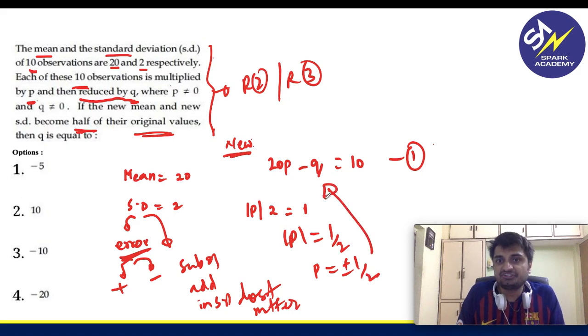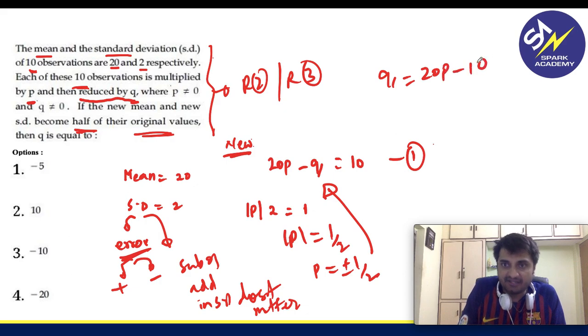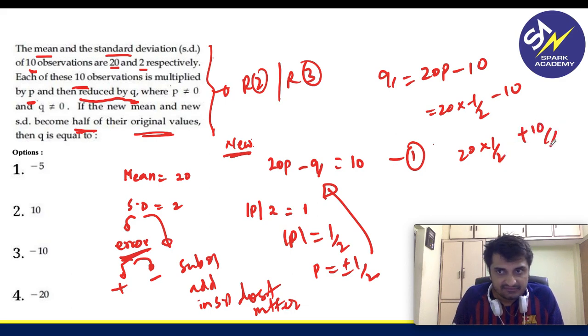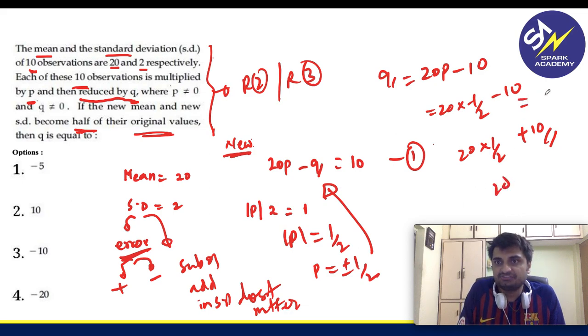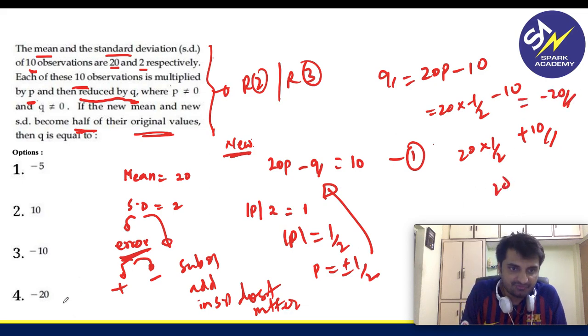So now you can check here that q will be 20p minus 10, right? So if you take minus half, 20 into minus half minus 10, or 20 into plus half minus 10. So either it is 10 plus 10, 20, or minus 10 minus 10 is minus 20. So this should be your answer.